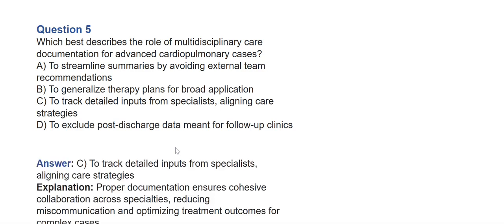The answer would be C, as proper documentation ensures cohesive collaboration across specialties, reducing miscommunication and optimizing treatment outcomes for complex cases.